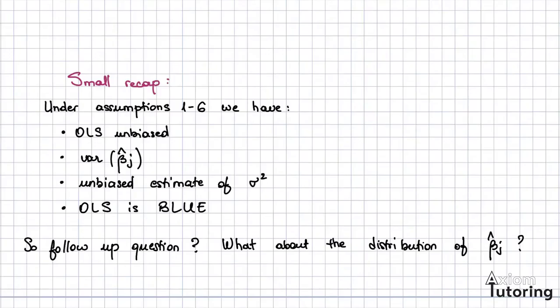For those of you who didn't have this follow-up question, it's completely fine, but there is a reason why you should worry about the distribution of the beta hat, and a reason why you will have to think quite a bit about the distribution of the beta j going forward. And the reason for it is that we cannot do inferences otherwise.